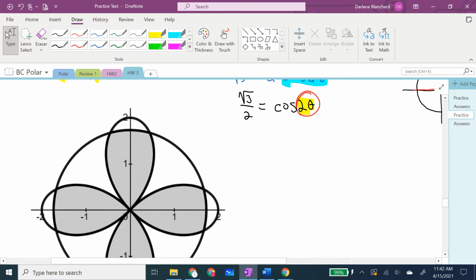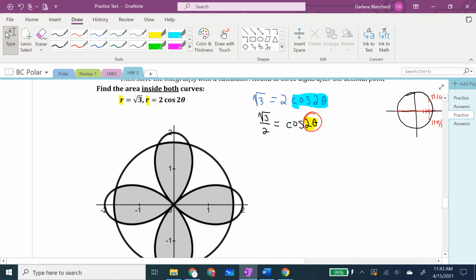If your trig is weak, you're going to have a harder time. So after the AP test, I'm going to strengthen your trig more. Right now, I'm just trying to strengthen it enough for the AP test and what could possibly show up. It doesn't have to be as strong for the AP test as it needs to be for your next class.